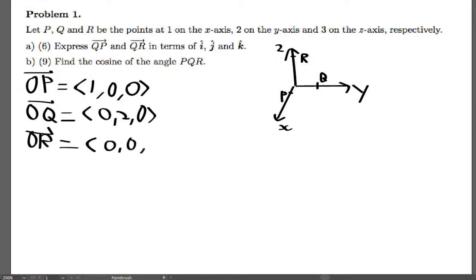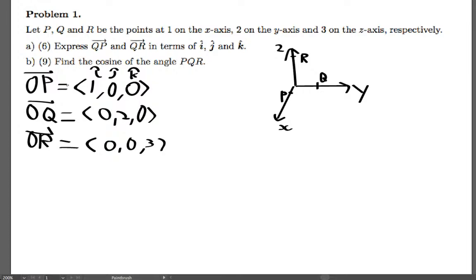We want to express this in terms of i, j, and k, but I am very used to writing these brackets. Just for reference, the first one here is the i, this one here is the j, and this one here is the k hat direction. So OP is i, OQ is 2j, OR is 3k.